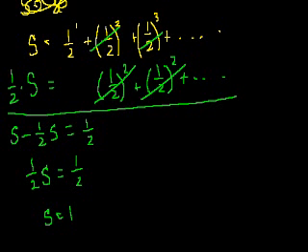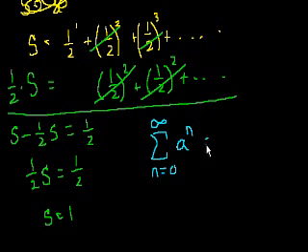Now, a lot of you may know there is a formula. Let me tell you what the formula says. The formula that you may or may not have memorized is, if you start at n equals 0 and go to infinity of a to the n, in this case a is 1/2, this is going to be equal to 1 over 1 minus a.